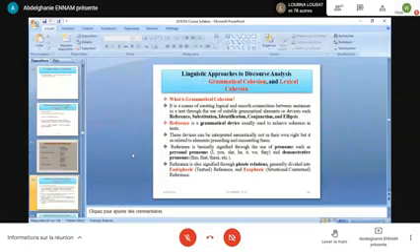This is done through the use of suitable grammatical elements or devices such as reference, substitution, identification, conjunction, and ellipsis. These five items, you must know them cognitively and in practice.